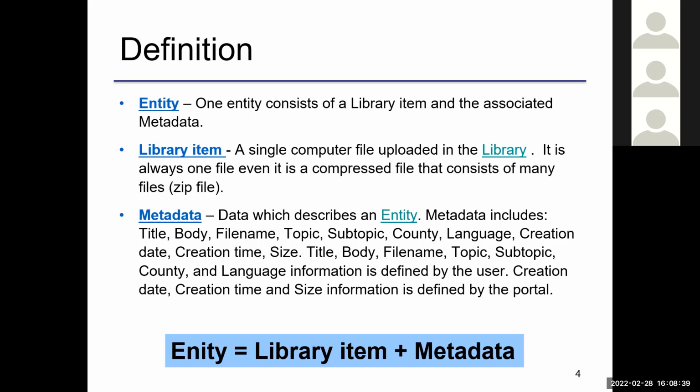Later on, I will explain each of those. Title, body, file name, topic, subtopic, country, and language information are defined by the user. Contrarily, creation date, creation time, and size information are defined by the library computer, by the portal or library program. So to conclude, one entity consists of a library item plus associated metadata.